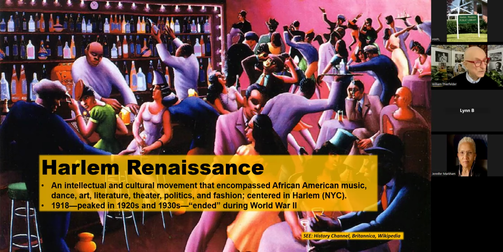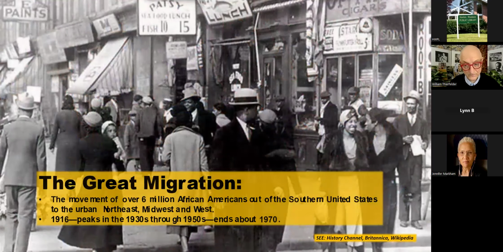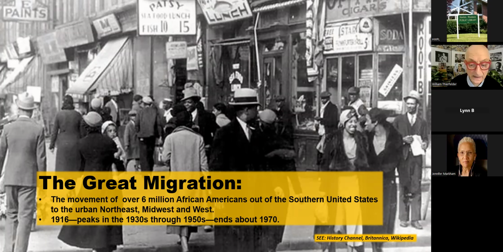The Renaissance was indeed the result of many factors, but one of the main ones was called the Great Migration, which was the movement of over 6 million African Americans out of the southern United States to urban centers in the Northeast, the Midwest, and West.